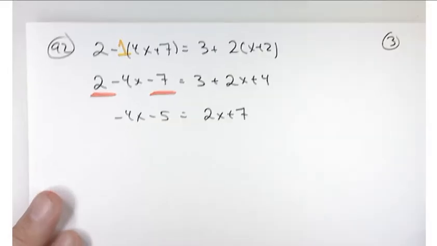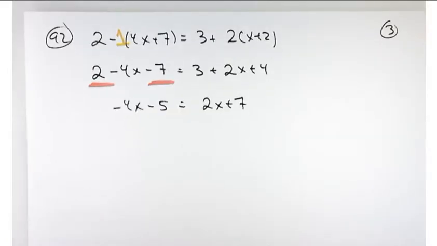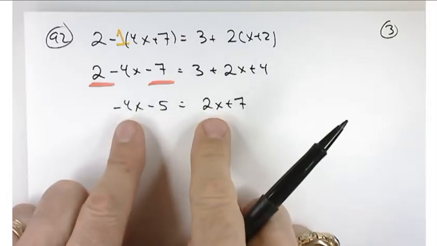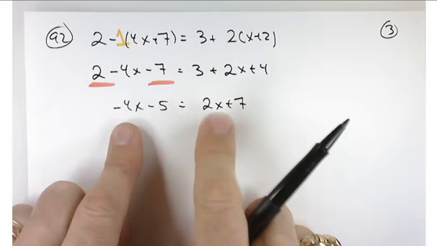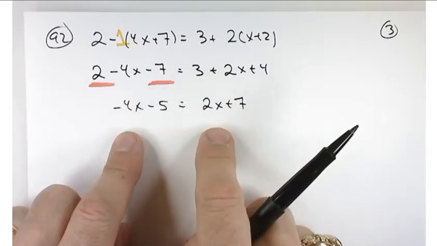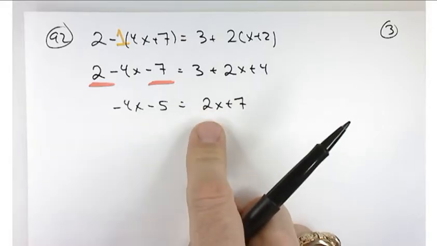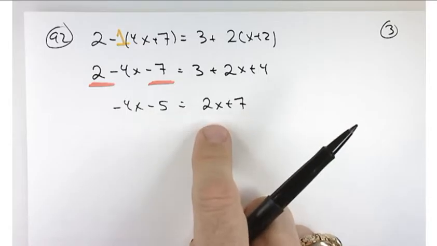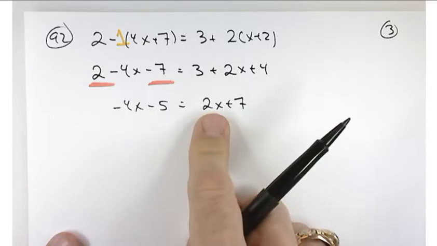Now, just a minute ago, I gave a suggestion as to what side you should put the variable on, the left-hand side or the right-hand side, and it was based on the size of the coefficients. Where should I put the variable? On the side with the 2x, so on the right-hand side, because 2 is bigger than negative 4.